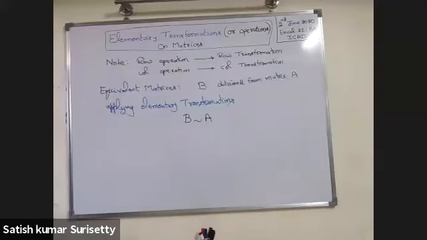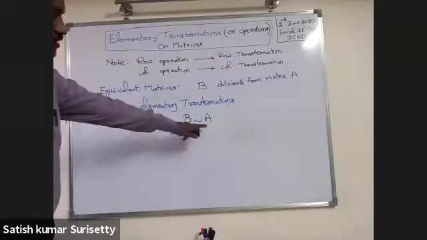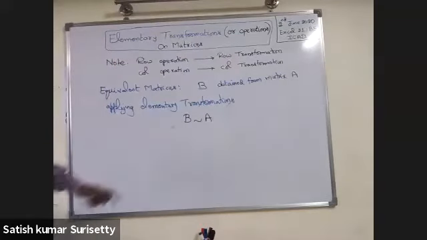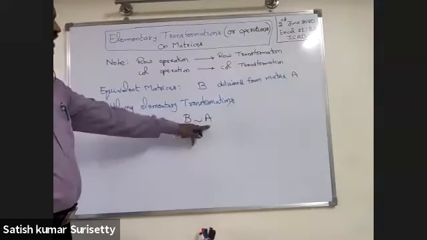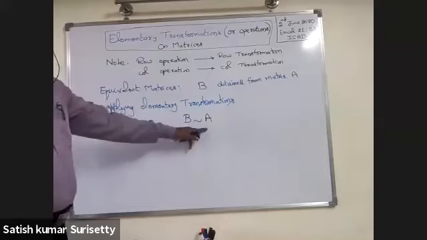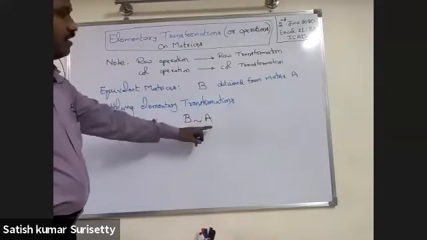B is equivalent to A. That is, B is obtained from the matrix A by applying elementary transformations. It can be row operations or it can be column operations.